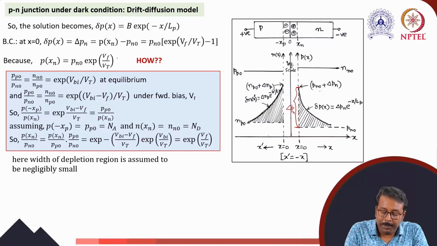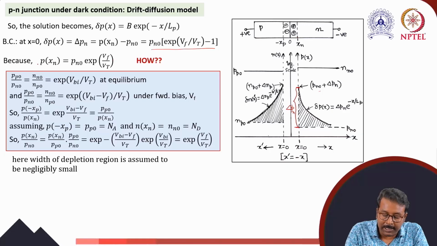Delta pn will be P at xn minus pn0, so pn0 exponential Vf by Vt minus 1. How is it coming? Because P at xn is nothing but pn0 exponential Vf by Vt, so pn0 will be taken out as common.